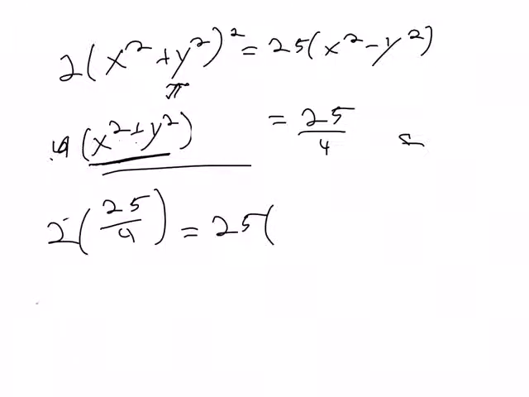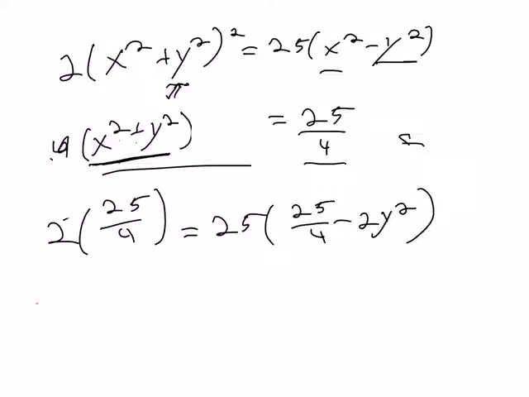Plugging it into the curve to find points on the curve that satisfy this is equal to 25, and then x squared, right, we have that x squared is equal to 25 over 4 minus y, and then minus over here. So what we're going to get is 25 over 4 minus 2y squared, right? If we just plug in what we have for x squared.